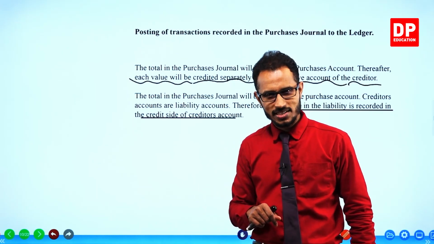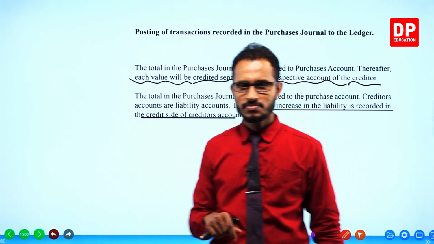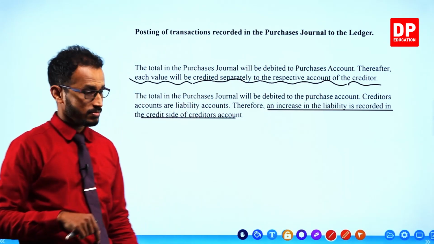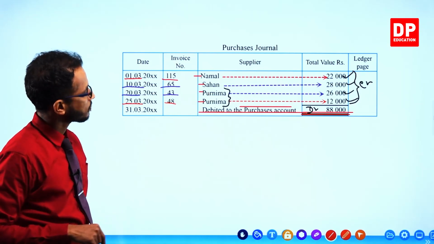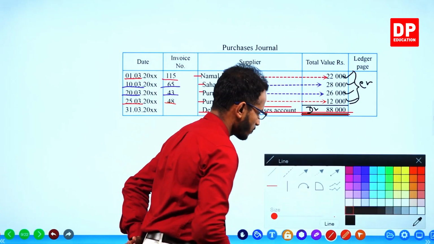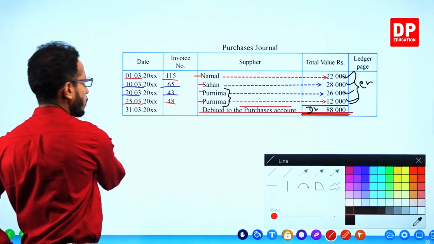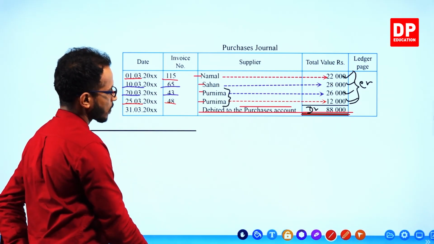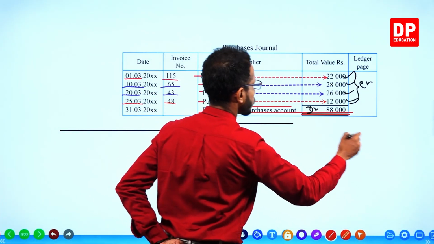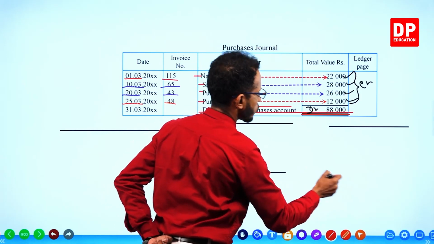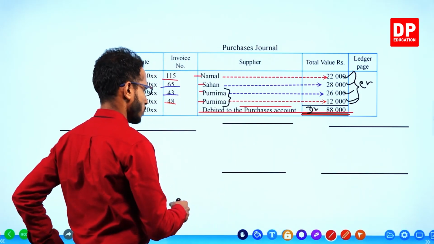Do you want me to draw the ledger accounts? Okay. Purchases account, and I need four creditors accounts.